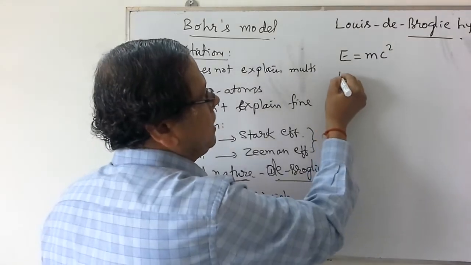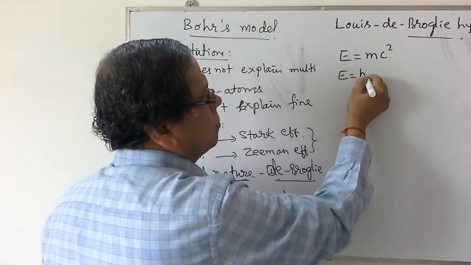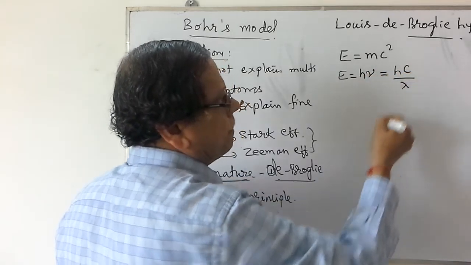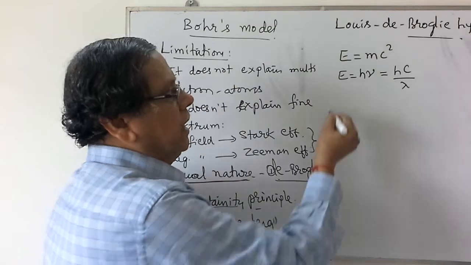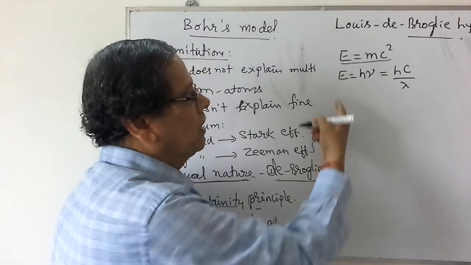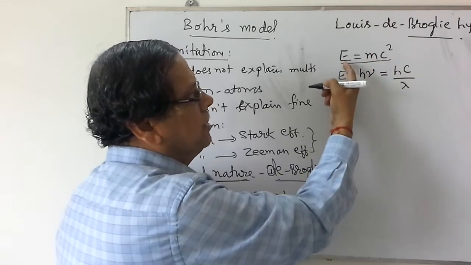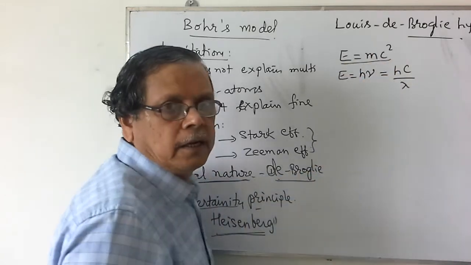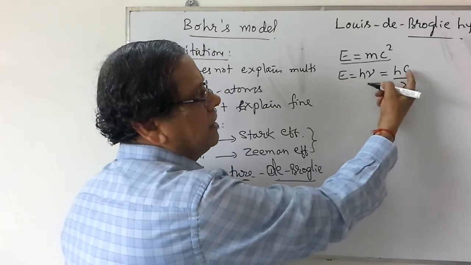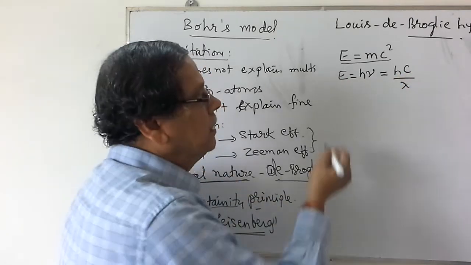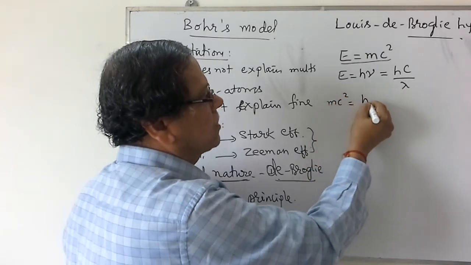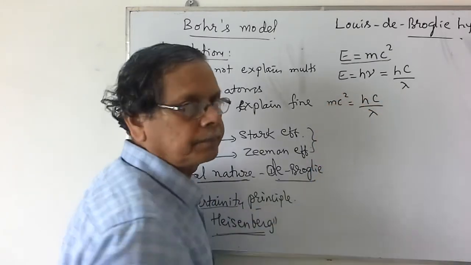But we know that E is also equal to h nu, that is also equal to hc by lambda. Since energy of various substances, photons, can be calculated by using the Einstein's equation, E is equal to mc square. And for an electron, we have this E is equal to h nu or E is equal to hc by lambda. Equating these two equations, we have this mc square is equal to hc by lambda.